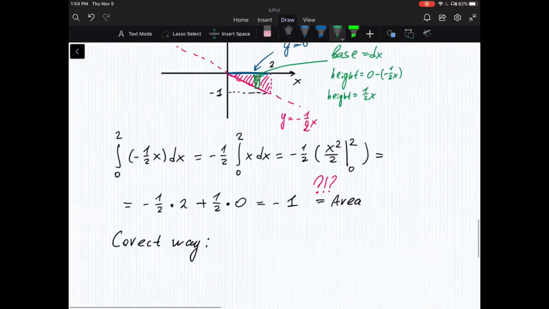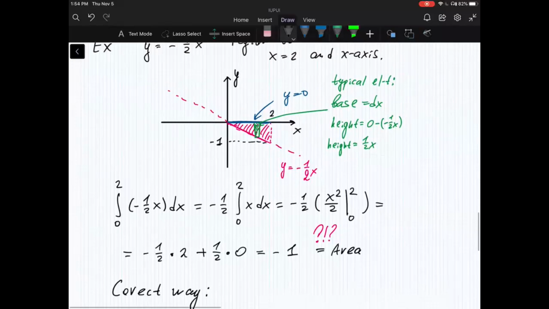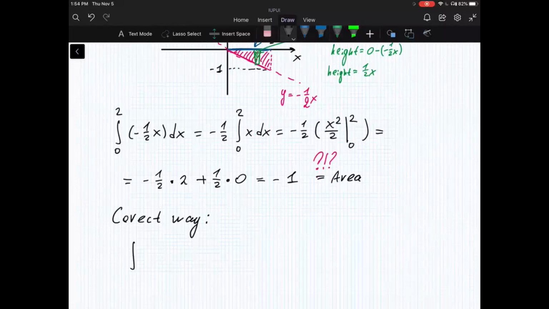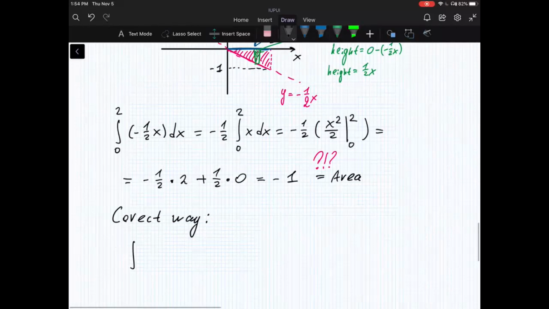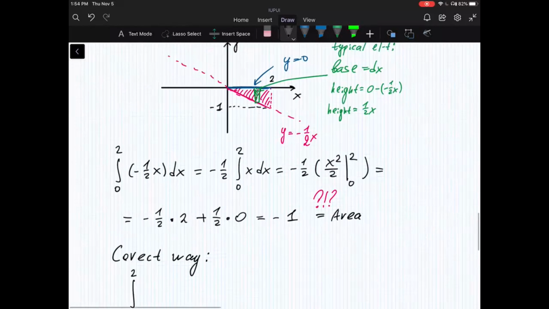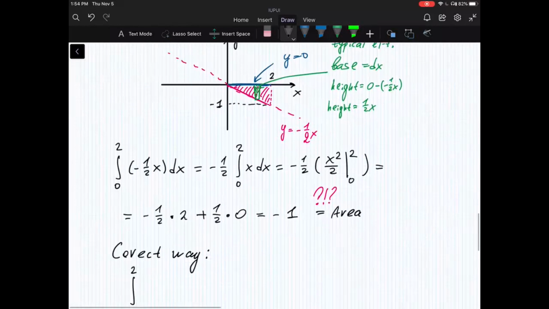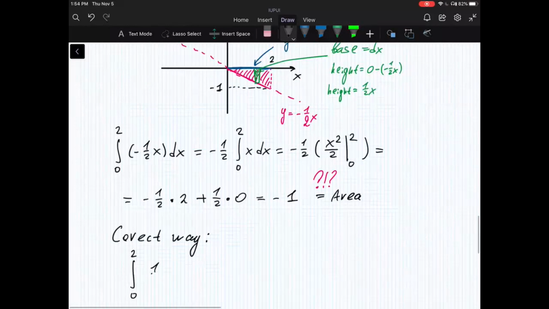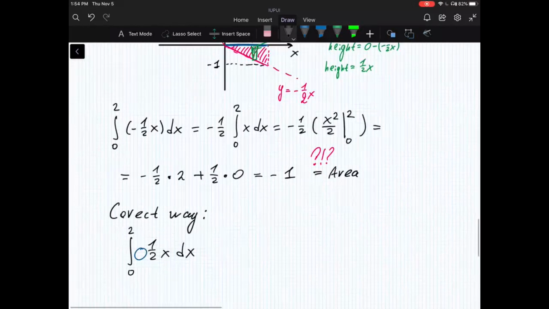And so I should sum up, using the integral from a to b, which is from 0 to 2, the areas of typical elements. And the area in this case will be the integral of 1/2 x dx. So you see now I don't have a minus here. This is one way you can obtain the correct answer.